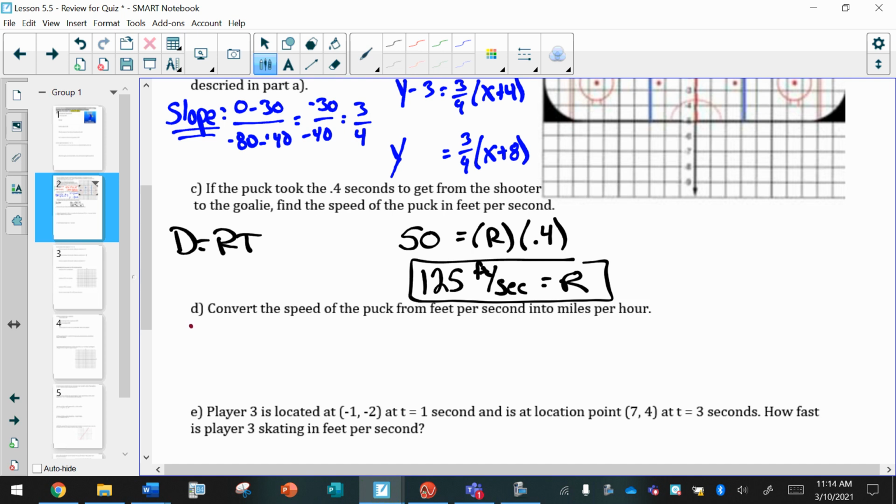Well, right now, with the calculation we just finished, we know that the puck is moving 125 feet for every 1 second. So now we need to figure out how many miles it does in 1 hour. So a couple conversions you need to know. You need to know how many seconds are in an hour. So 125 feet is 1 second. So that would be 125 feet in how many seconds?